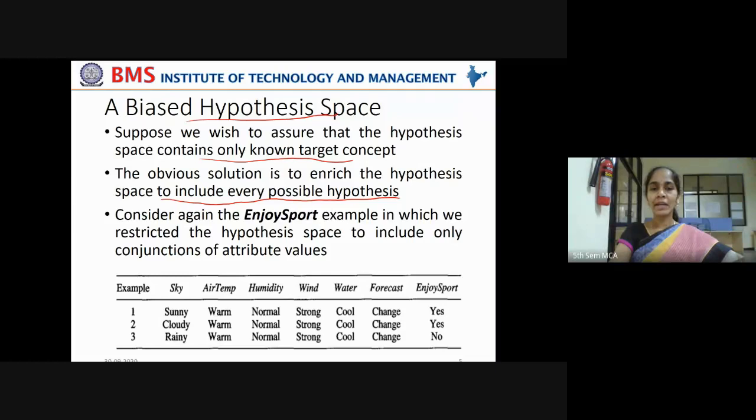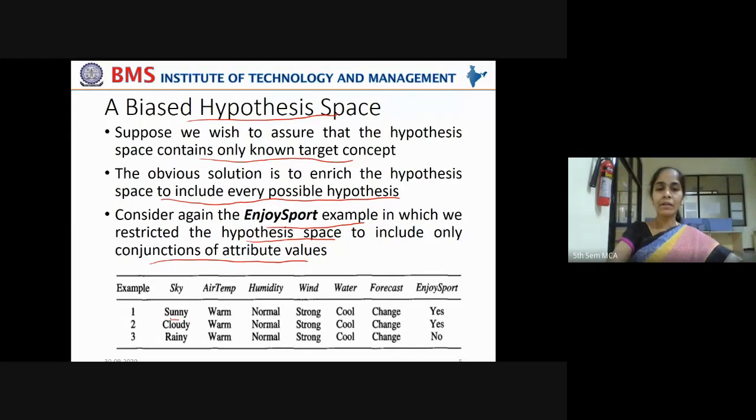Now consider again the EnjoySport example, the same example we'll take throughout this chapter, in which we restricted the hypothesis space to include only conjunctions of attribute values. What do we mean by this? Listen carefully. When we took the hypothesis space for EnjoySport, what have we done? We have taken conjunctions.